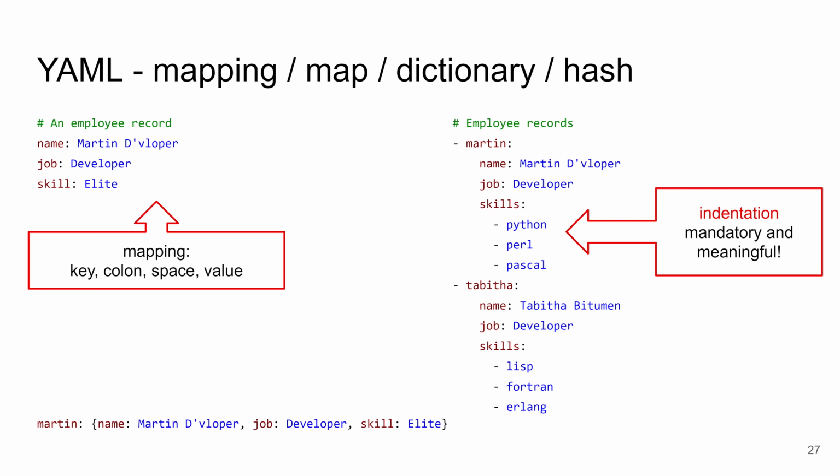And the mapping contains, in both cases, 3 key value pairs. The first 2 are trivial, that's the name and job. And the third one, as a value, contains a sequence of programming languages. So this is a more complex YAML example.